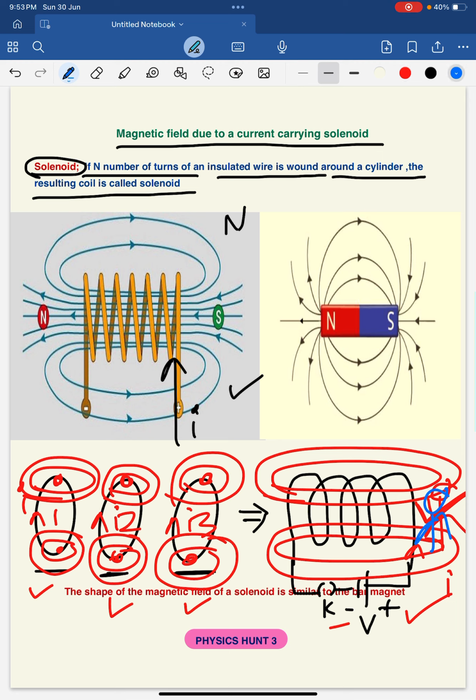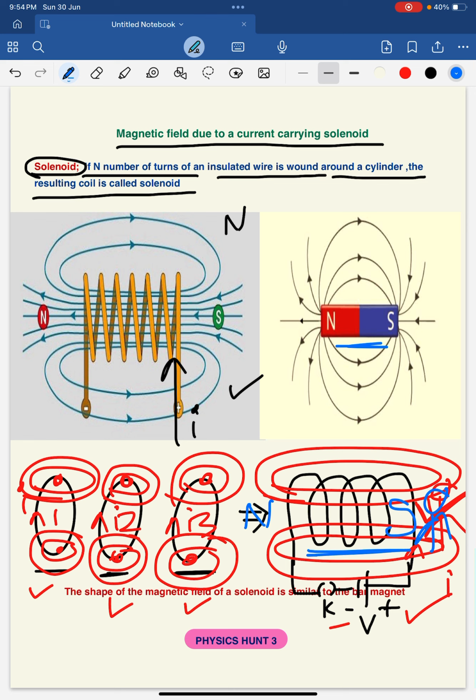Whenever I am standing here, my first face behaves as a south pole and the last loop, that means this one, acts as a north pole. Now I have south and north poles. Based on that, I can easily find out the direction of the magnetic field. According to a bar magnet, magnetic field lines always flow from north to south outside.